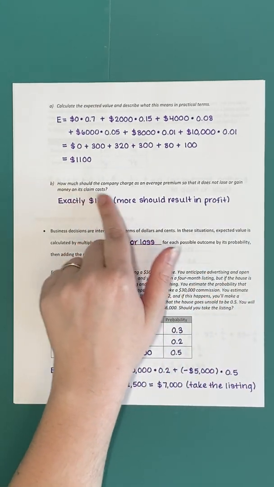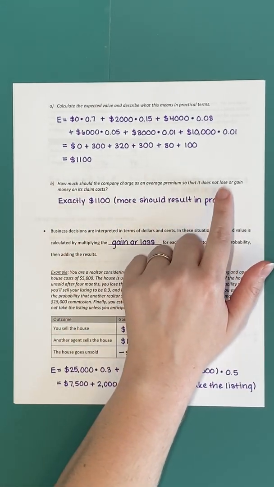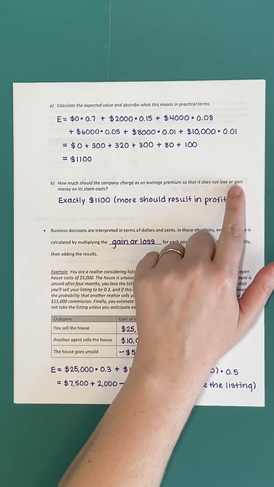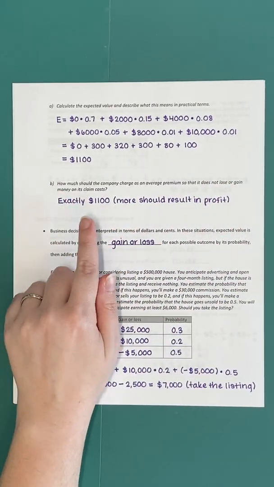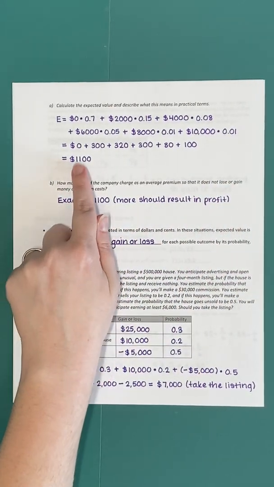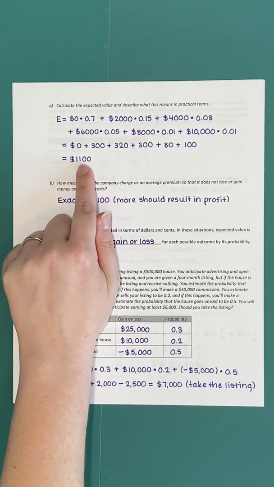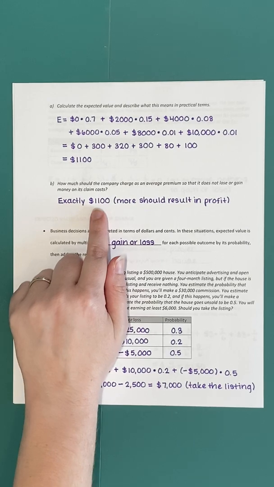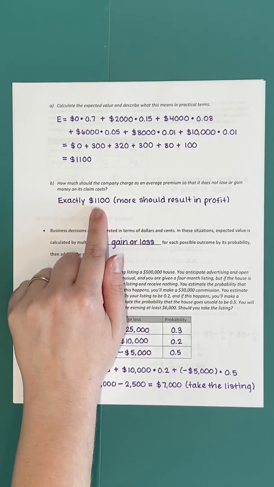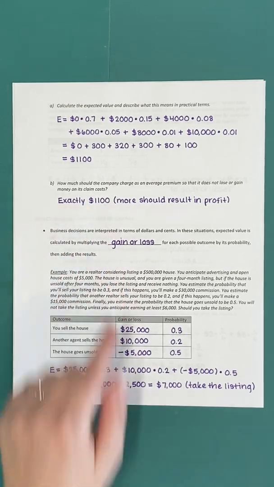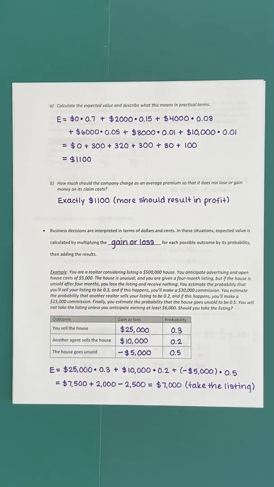If they want to break even, in other words, they're charging you so that they plan on not losing or gaining, then they would charge you exactly $1,100. If they expect $1,100 to be what everyone needs on average, then by charging everyone exactly $1,100, they expect to, in the long run, neither make money nor lose money.